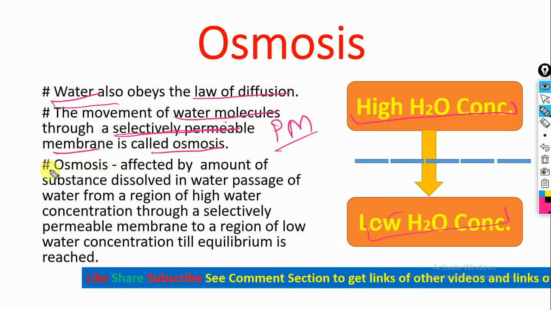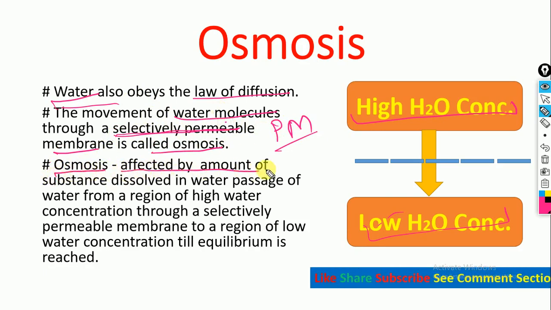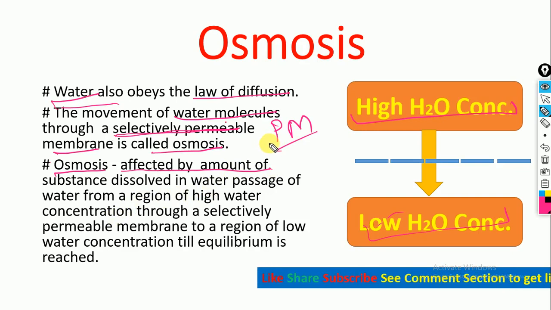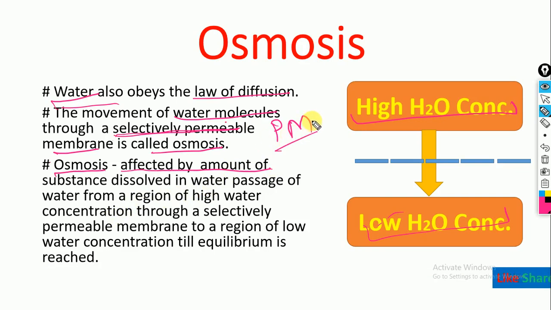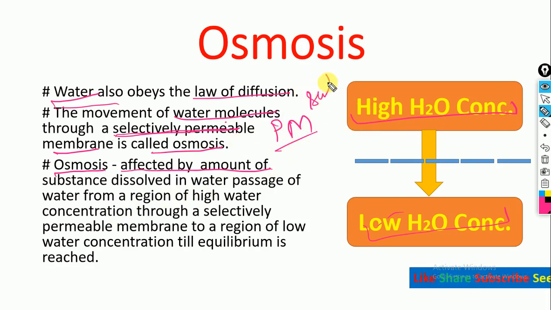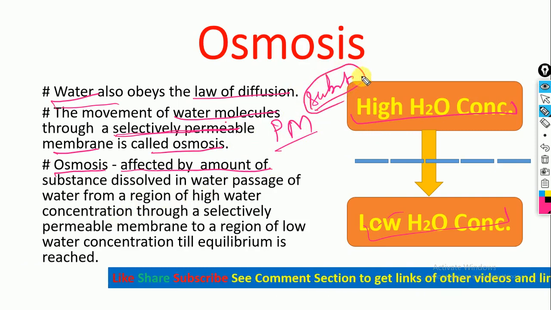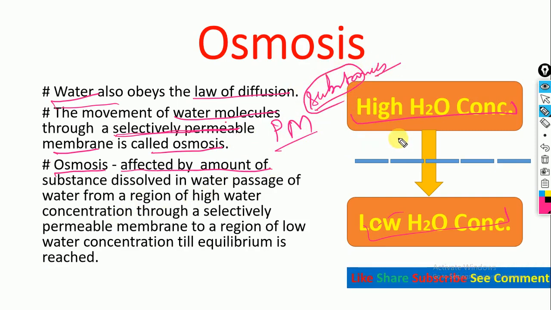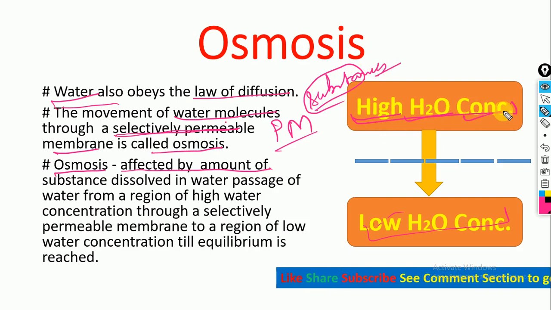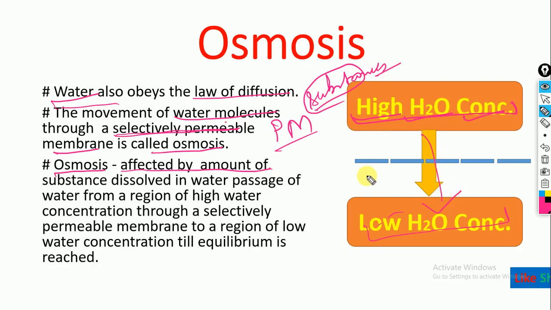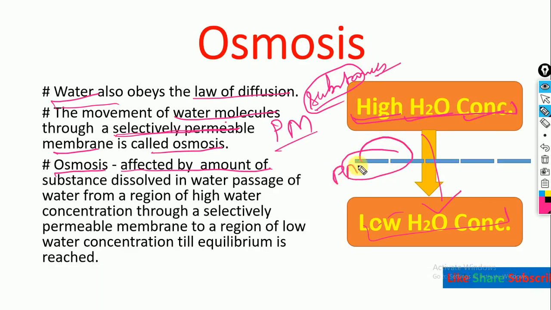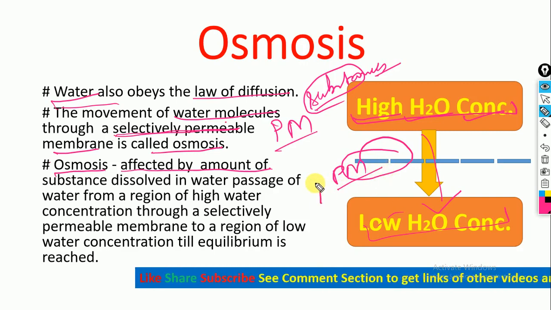But this osmosis is affected by the amount of substances present in the water, which restrict the movement of water. Because some amounts of substances are always dissolved in the water of the cell, movement of water always takes place from the high H2O concentration region to the low H2O concentration region through a semi-permeable membrane, that is the plasma membrane in the case of a cell, till equilibrium is reached.